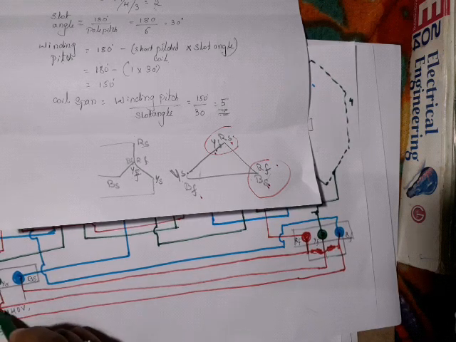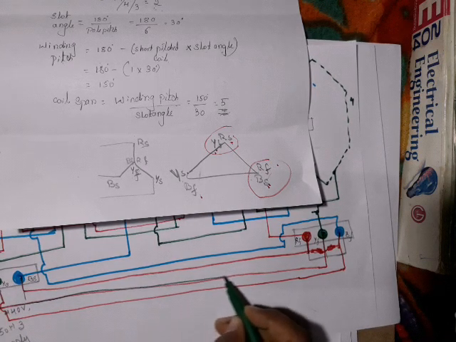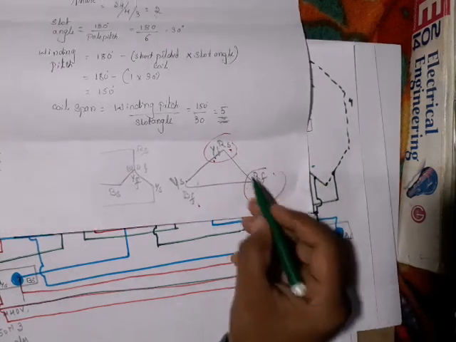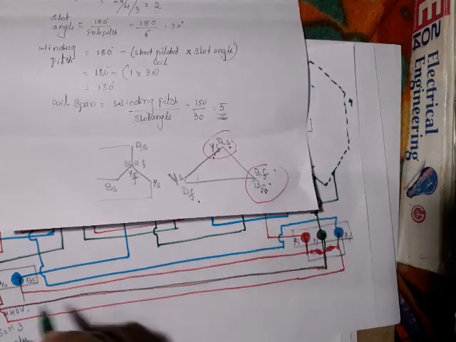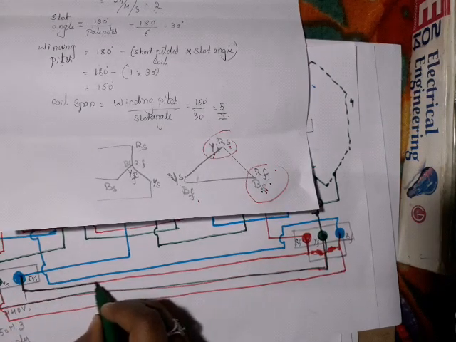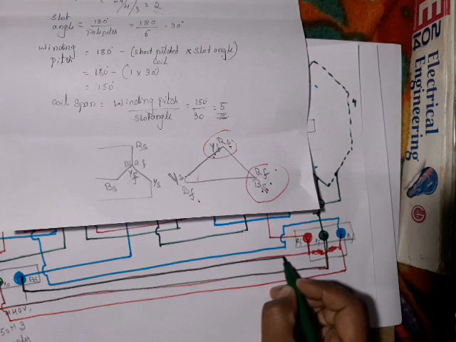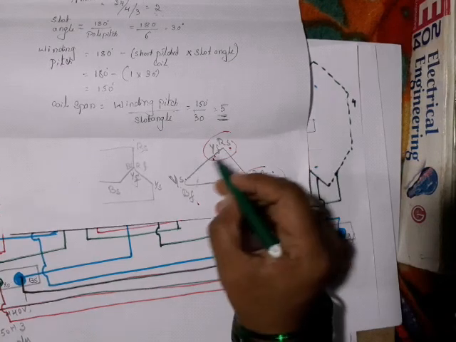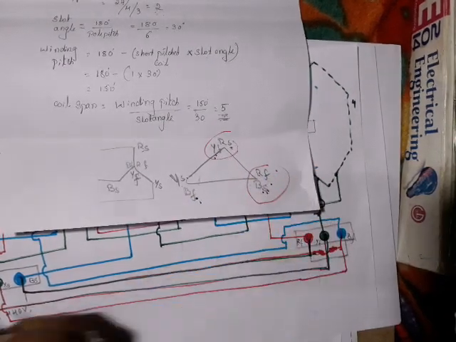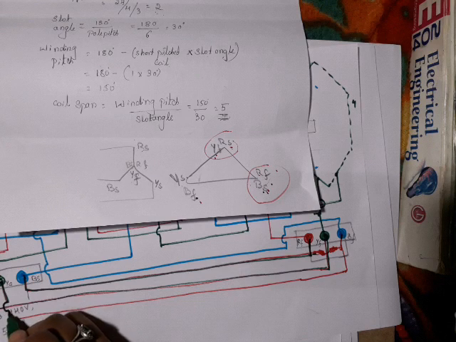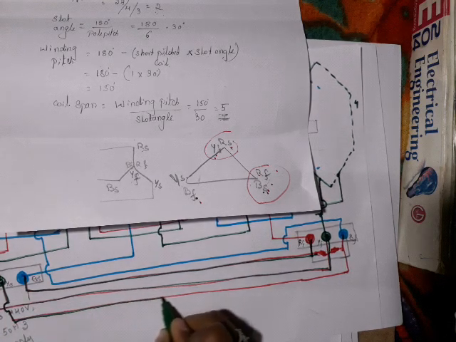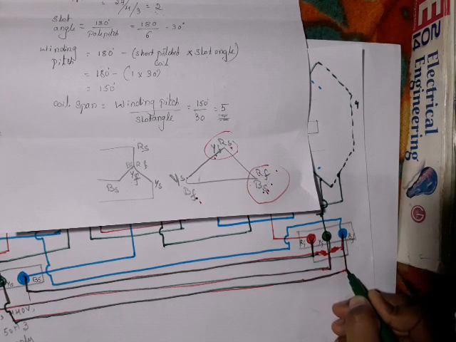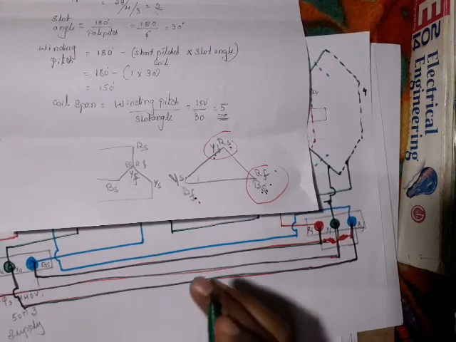BS is connected to RF. Then YS is connected to BF. Done. This is a delta connection.